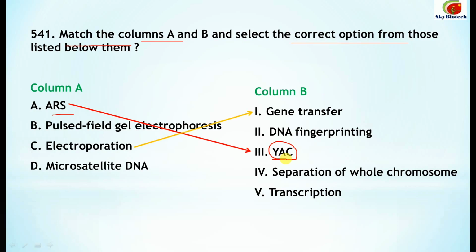Electroporation is used in gene transfer. Microsatellite DNA is used in DNA fingerprinting. Pulsed field gel electrophoresis, PFGE, is used for separation of whole chromosomes.